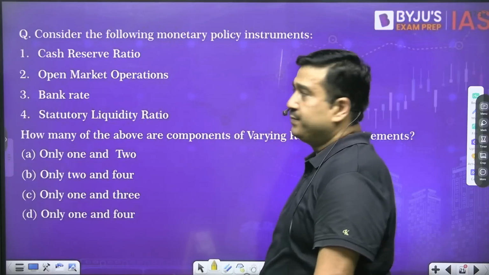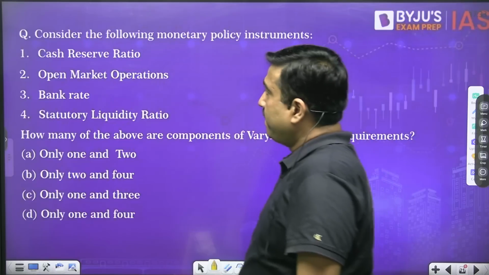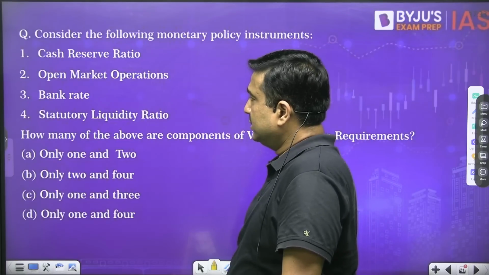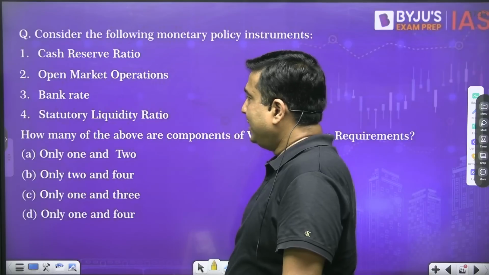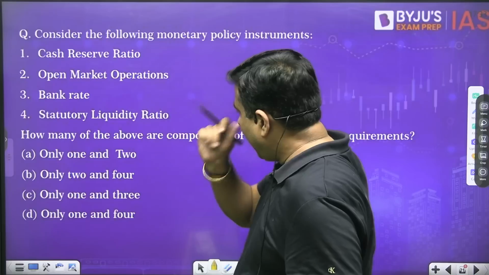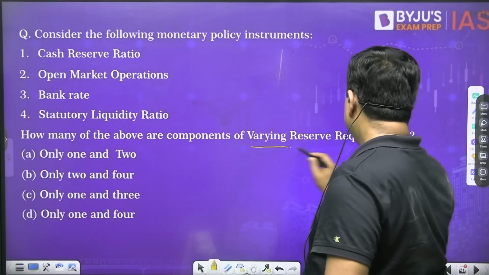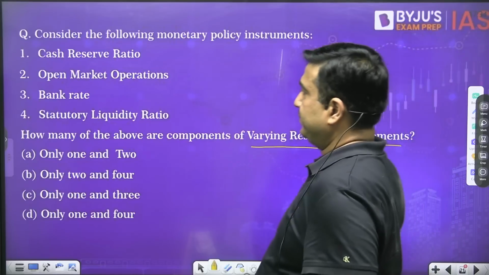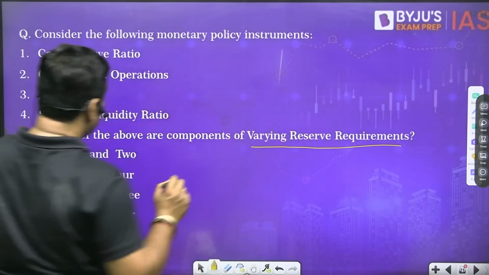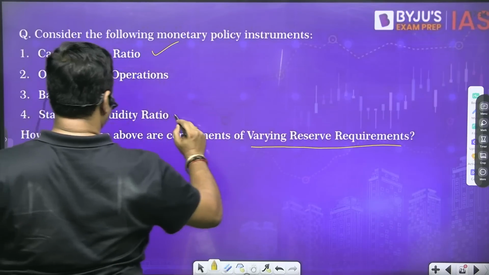Next question. Consider the following monetary policy instruments: cash reserve ratio, open market operations, bank rate, and SLR, statutory liquidity ratio. How many of the above are components of varying reserve requirement? There are only two reserve requirements. One is CRR and another is SLR.